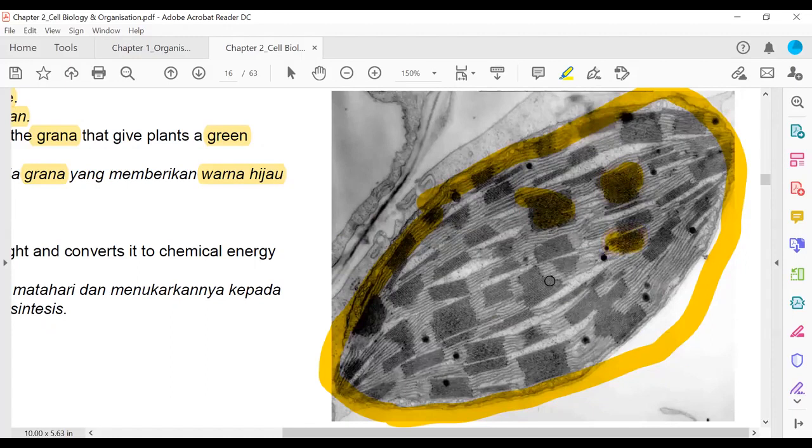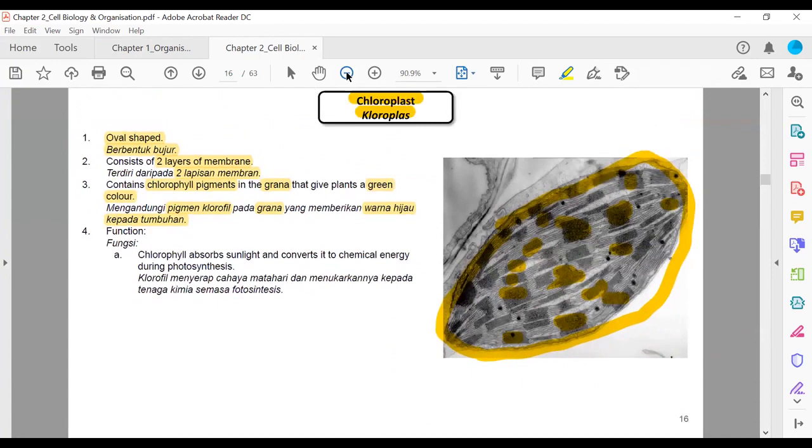Macam sac, betul? We call this grana. There is a lot of grana here, over here, over here. Semua ni dipanggil sebagai grana. Dalam grana inilah adanya chlorophyll. So dalam grana ada chlorophyll.